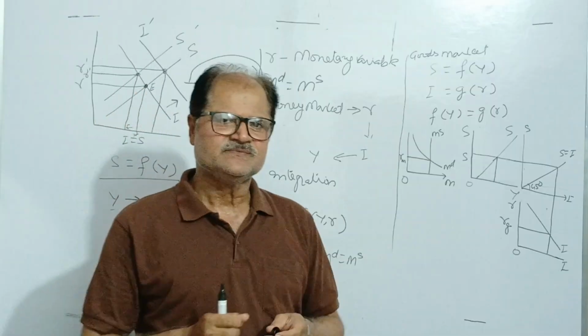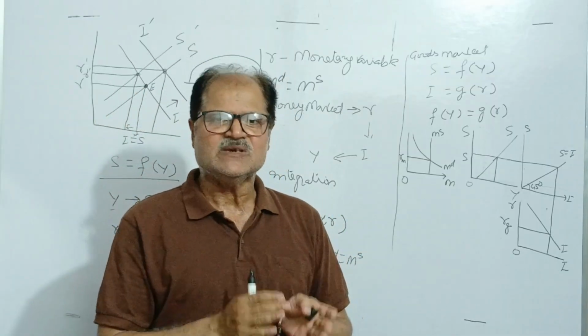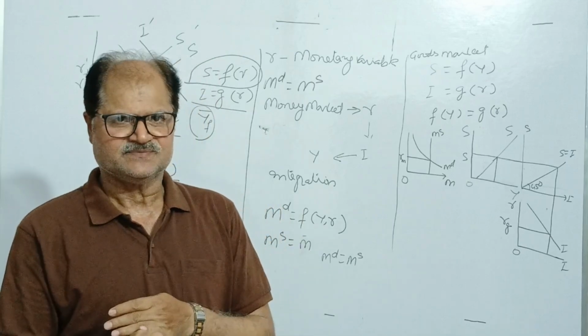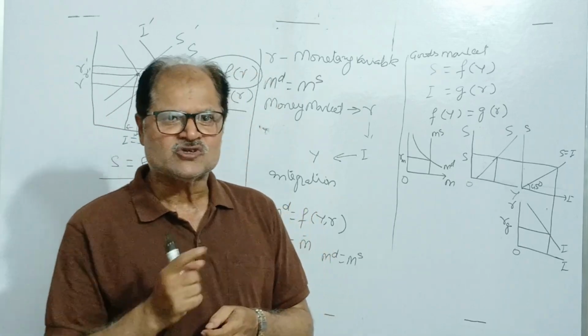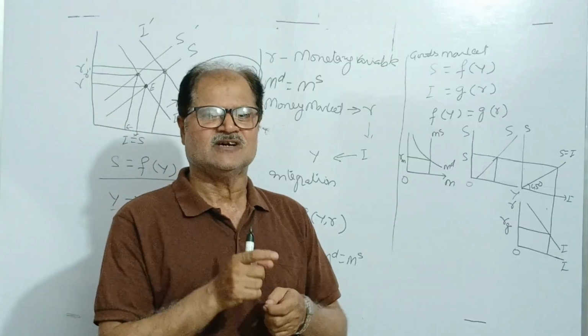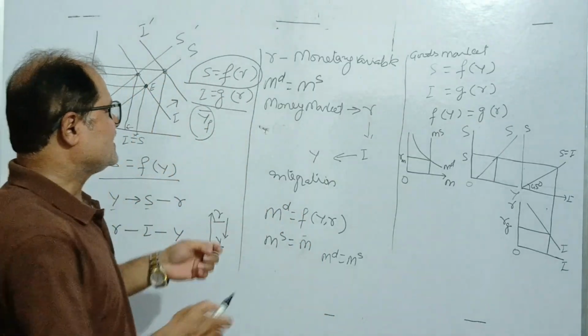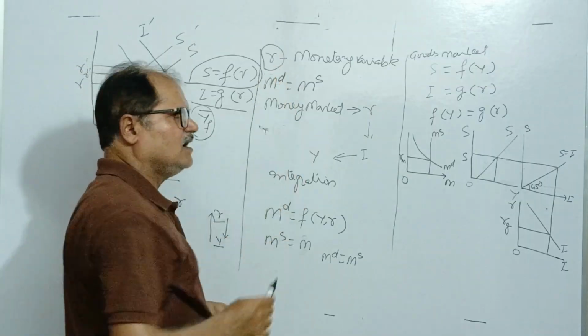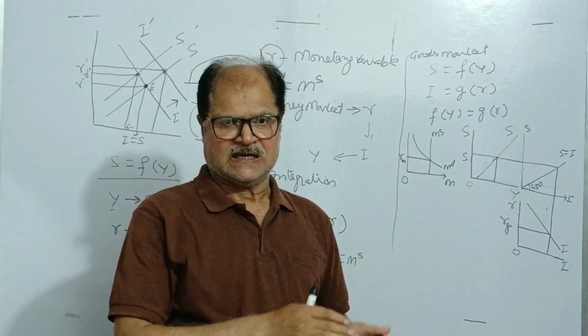According to Keynes, there is interaction between money market and goods market, and he tried to integrate money market and goods market through his own theory of rate of interest. In Keynesian system, rate of interest is not a real sector variable, that is, it is not determined in goods market.